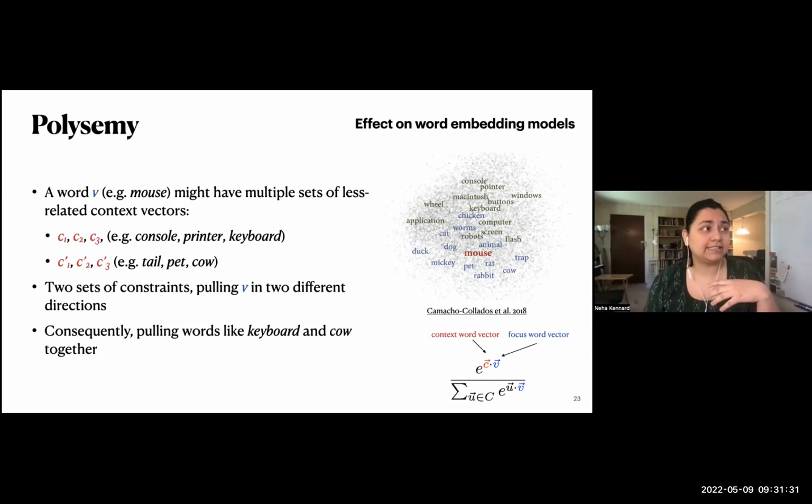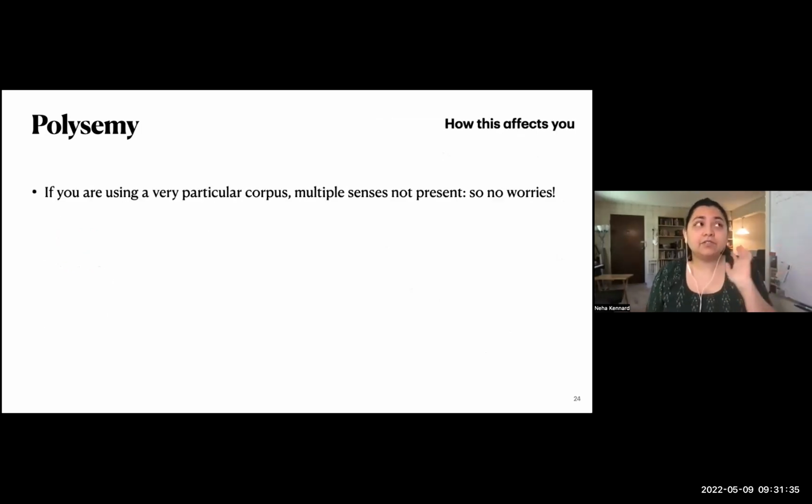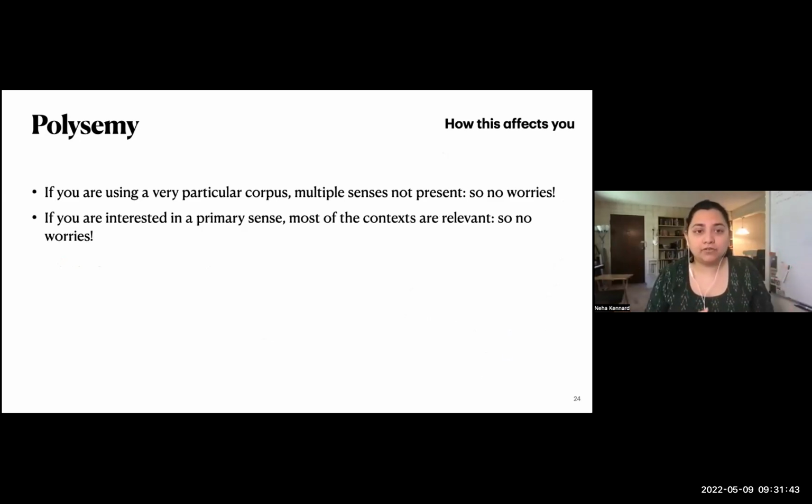So question, is this going to happen to you when you are doing your own research? Maybe not. Maybe if you're using a very specific corpus, multiple senses aren't going to be present and it's not a problem. Or if you're interested in the primary sense and most of the contexts are of the sense that you care about, also not a problem.